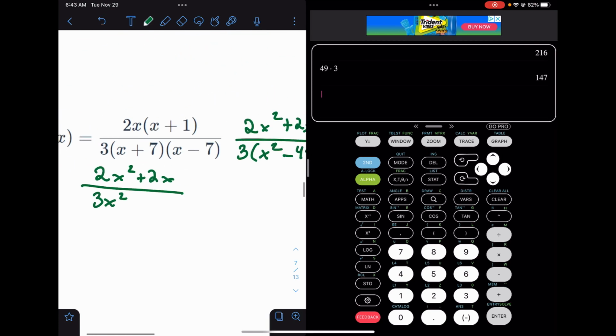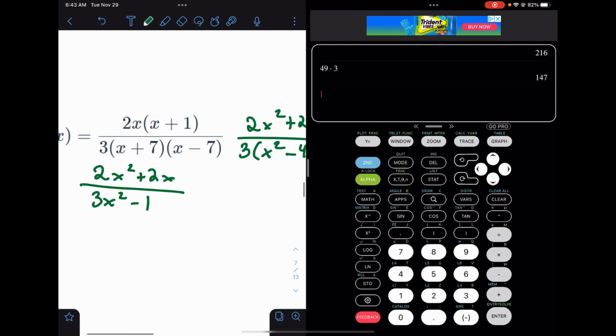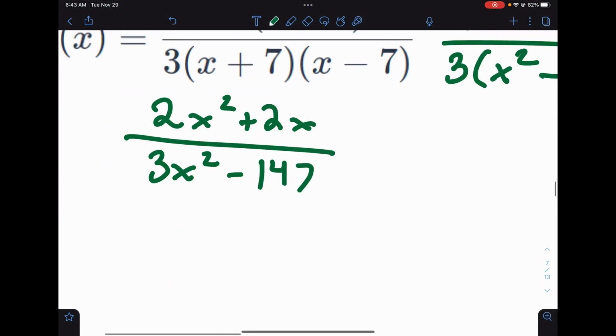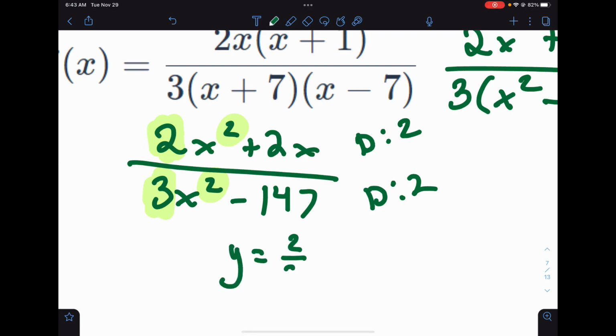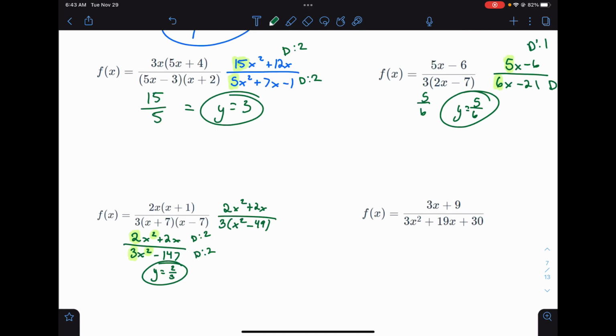Would never have guessed that. So minus 147. All right. So then, again, my degree on top is 2. My degree on the bottom is 2. They are equal. Again, we're looking at the highest power to determine the degree. So if we take our leading coefficients, we get 2/3. So y equals 2/3.